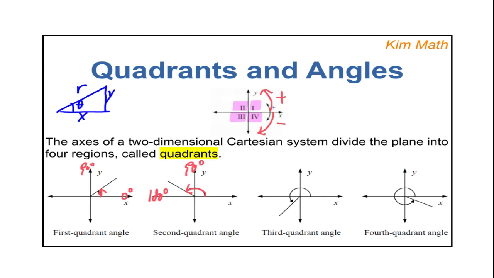If your angle is greater than 180 and less than 270, your angle is in the third quadrant, and so on. This is 270 and this is 360. Now your angle is in the fourth quadrant.